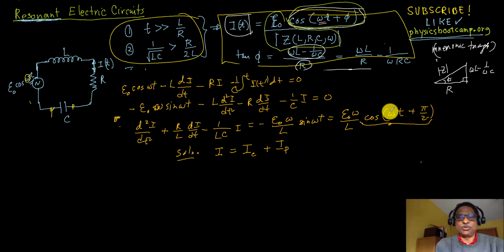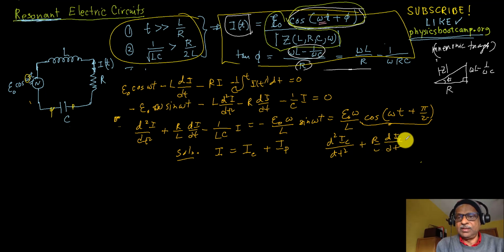So this is the solution for the whole thing. I_C solves this equation: d squared I_C over dt squared plus R over L dI_C/dt plus 1 over LC I_C equals 0.